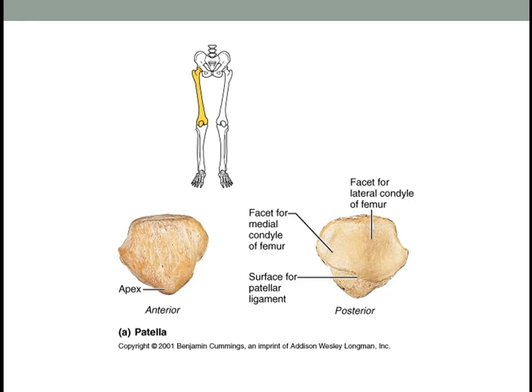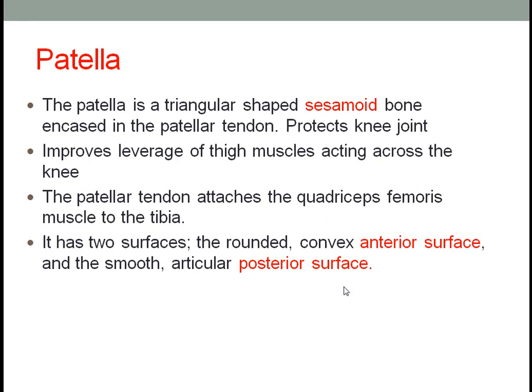Here are the facets for the medial condyle of the femur and the lateral condyle of the femur, and here is the site of attachment of the patellar ligament. The anterior surface is usually rounded and convex, and the posterior surface is smooth and is the articular surface.